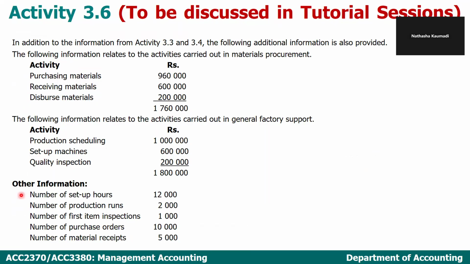So you have the information given here, isn't it? Number of setup hours, production hours, first time inspections, likewise. I will give you few minutes or few seconds to think about it. How do you match these cost drivers with the major activities? Think about it.